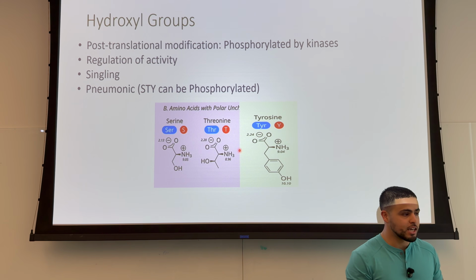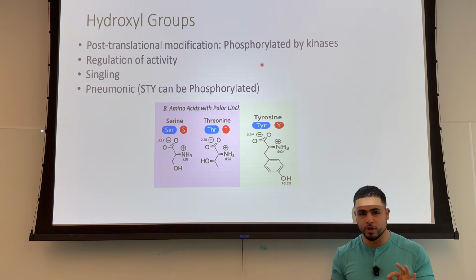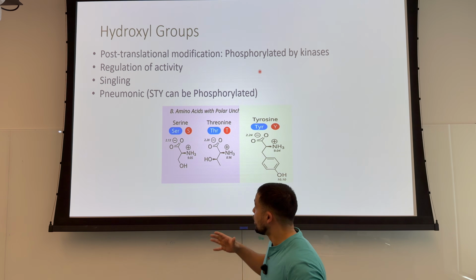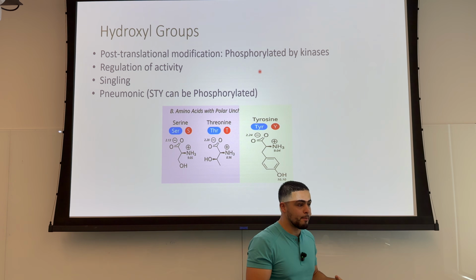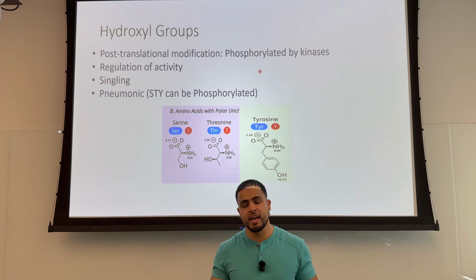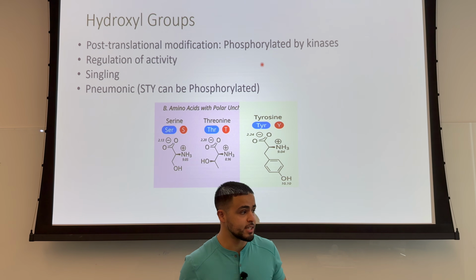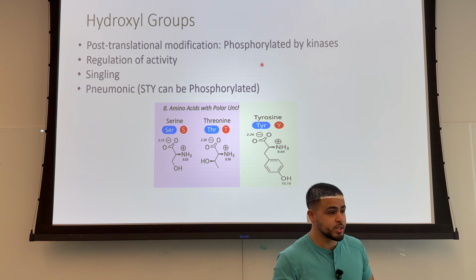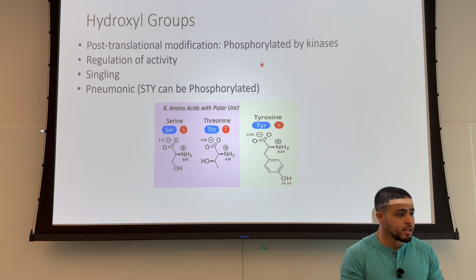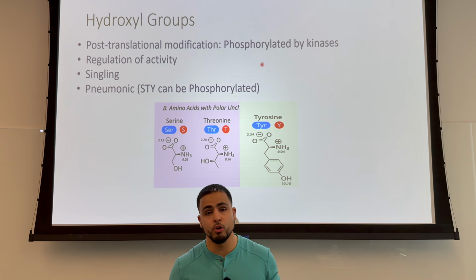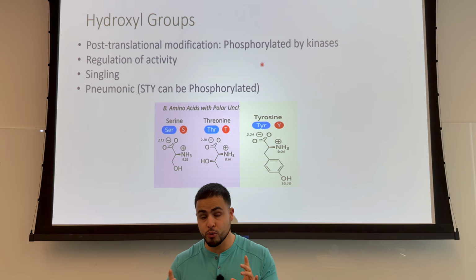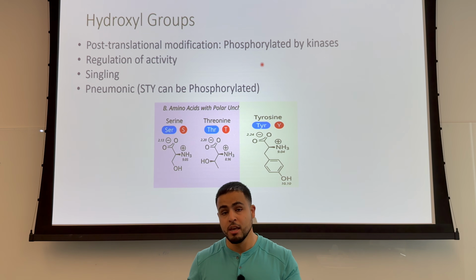Okay, and in this case, we're talking specifically about phosphorylation. So whenever you have an alcohol on the side chain of an amino acid, you can phosphorylate that by kinases, and the purpose for that is to regulate the protein or enzyme's activity, or for signaling purposes, like where it's going to end up within the cell. And specifically, the enzyme that phosphorylates proteins is called a kinase, so don't get it mixed up with phosphatases.